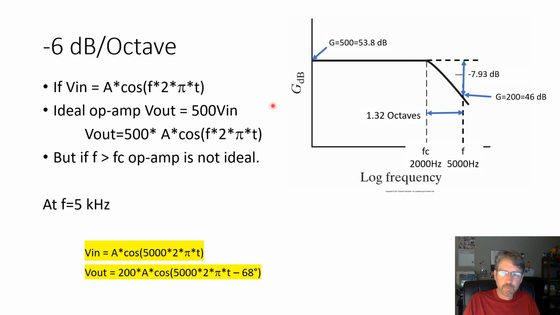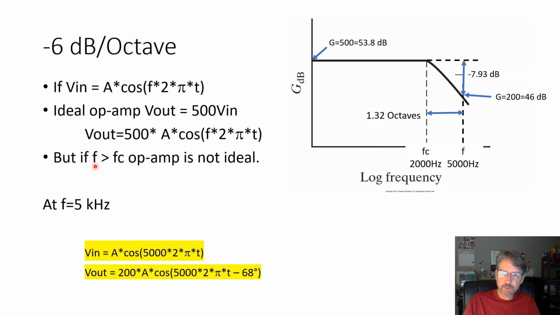So again, if you think of this as phasors, our input voltage was A cosine 2 pi, that's our omega t. And the ideal op-amp with the infinite frequency response, the output would just be 500, the gain, times V in, so it would be 500 times V in.